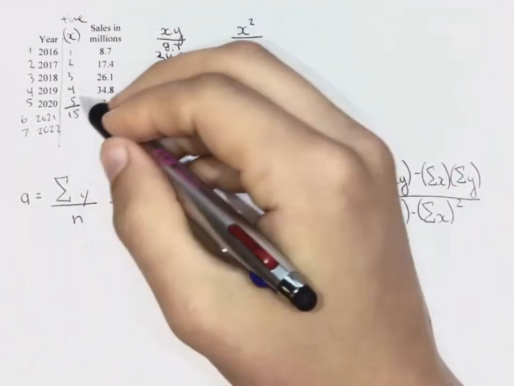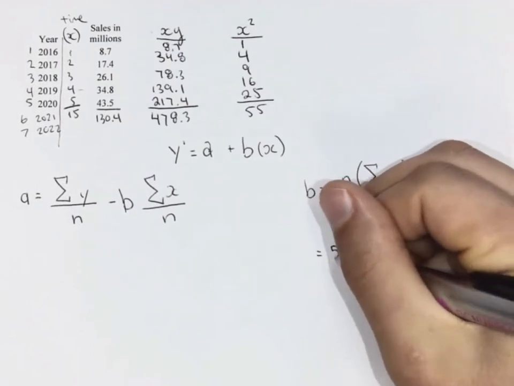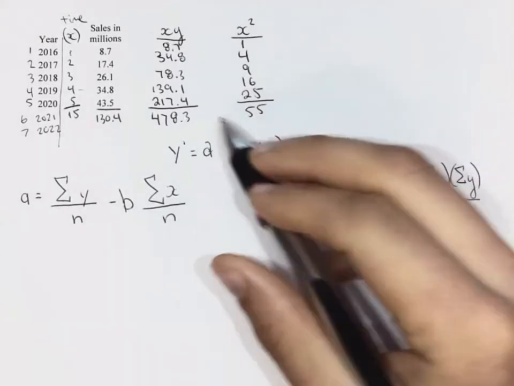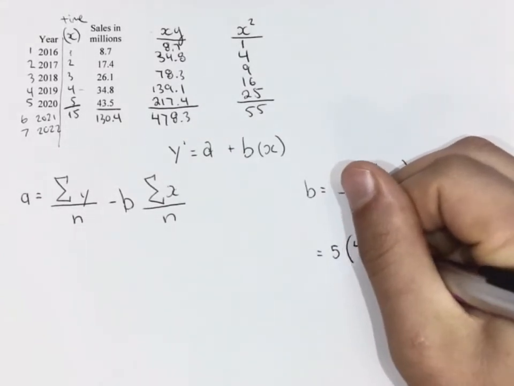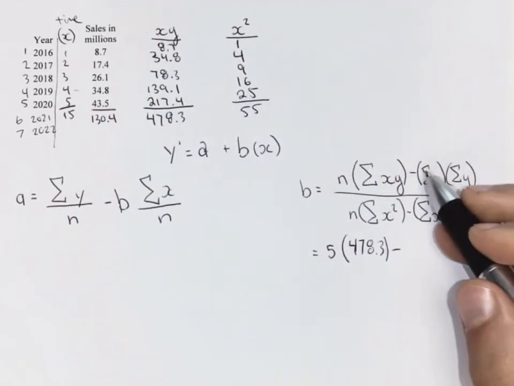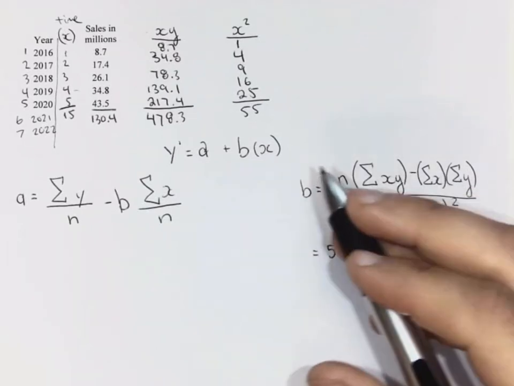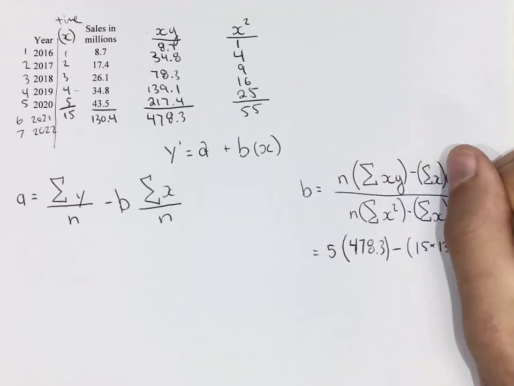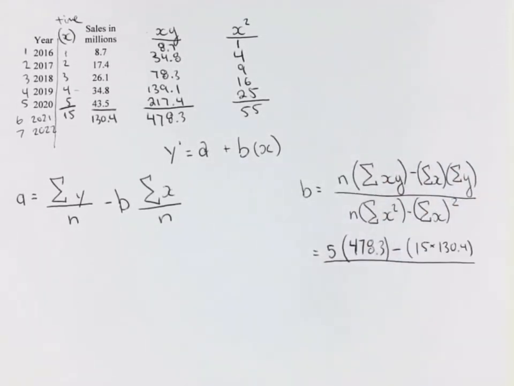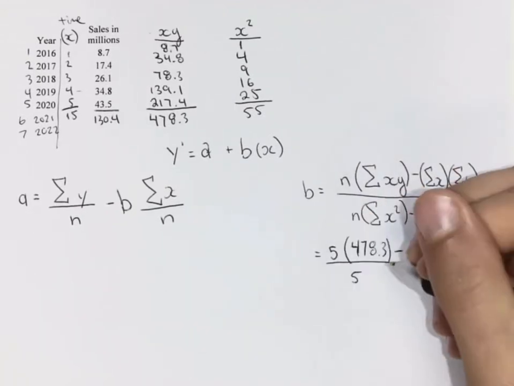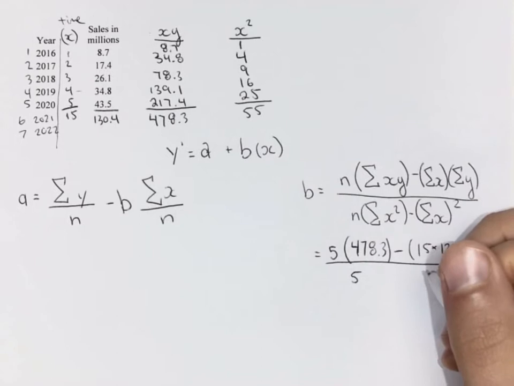We have originally 5 observations. The sum of xy is 478.3, sum of x, 15, and the sum of y, 130.4. We have, again, 5 observations. The sum of x squared is 55.